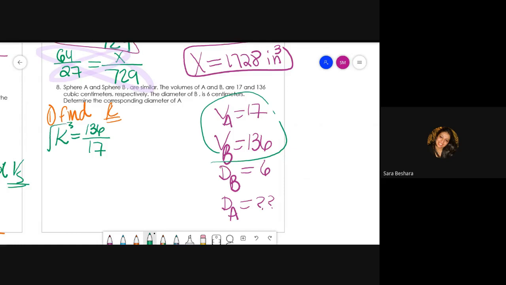Remember to take the cube root. So K cubed is, oh sorry, we took the cube root, so we can just write K. 136 divided by 17, I get 8. Take the cube root of that. It's 2.